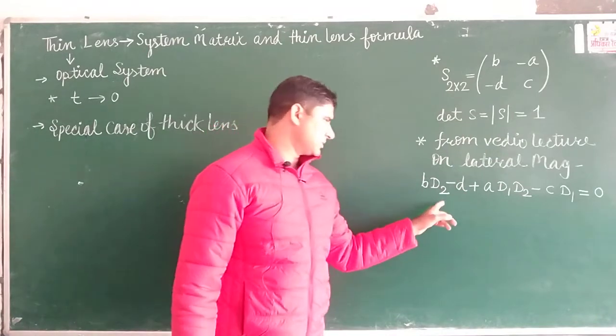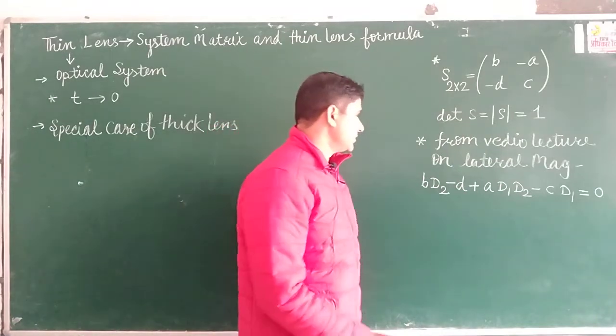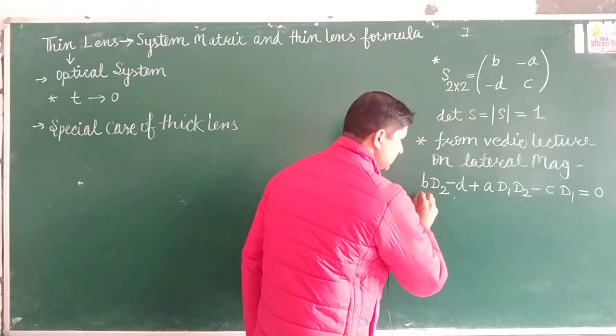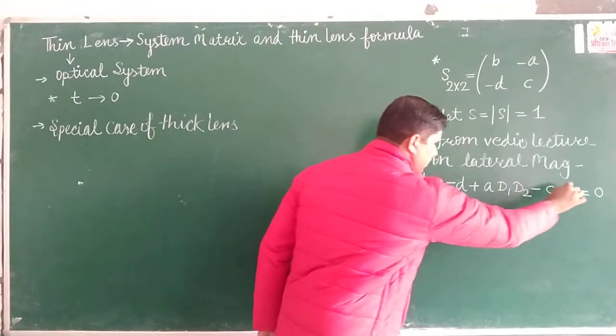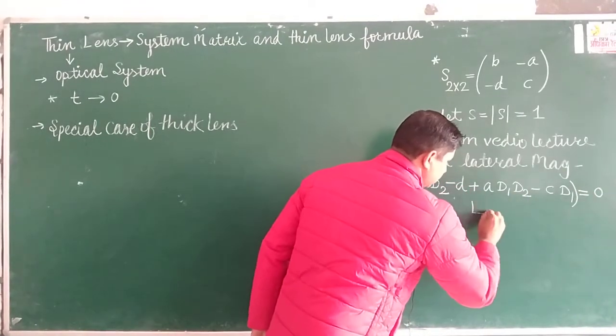So this is the relation between D1 and D2. This relation will be used to find the lens formula.